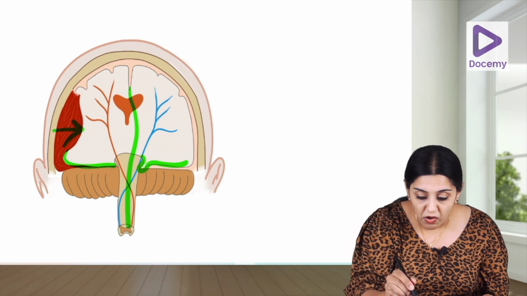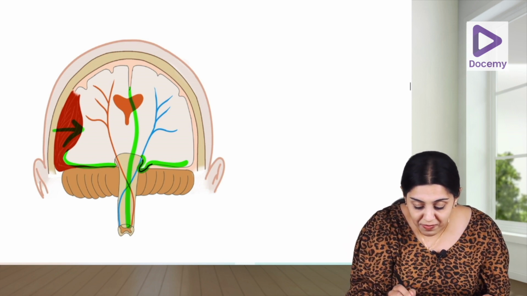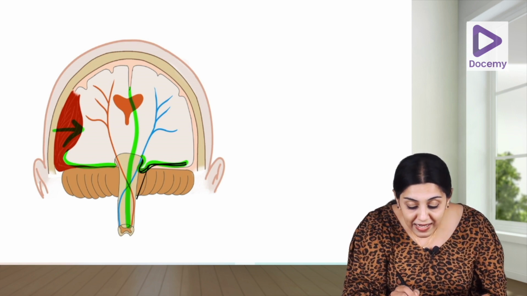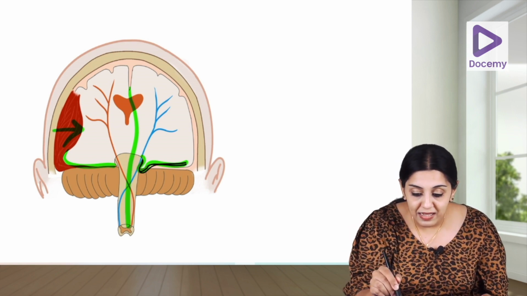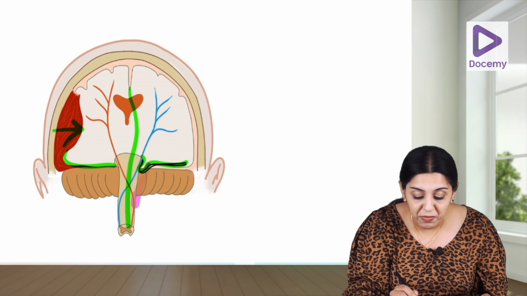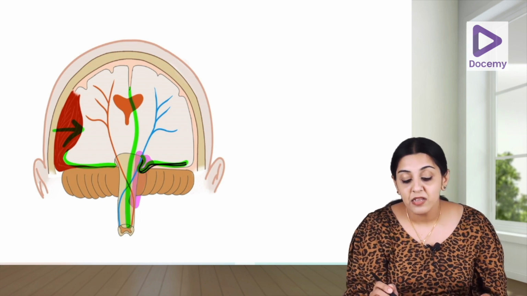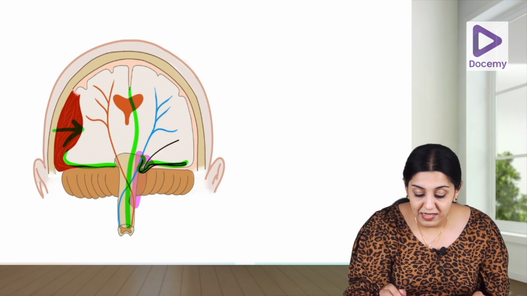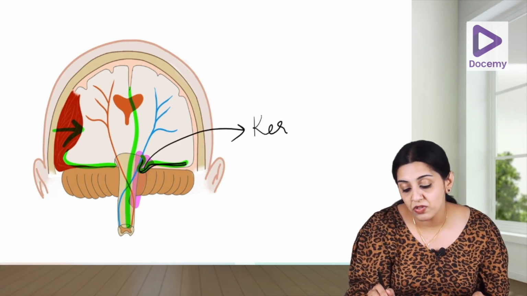Now this notch which develops due to coning means the brain is getting pushed into a cone, that is into the cone called the spinal canal or the central canal. So that is called coning. Coning develops, and this notch is called Kernohan's notch.